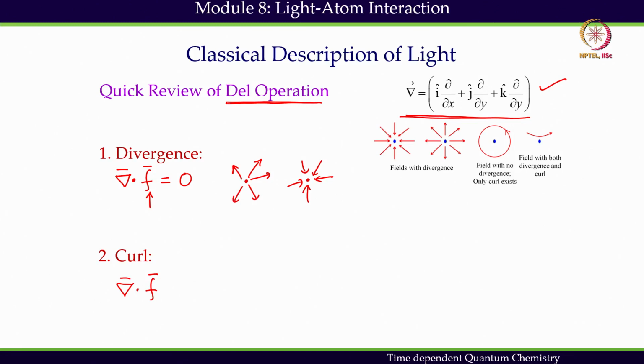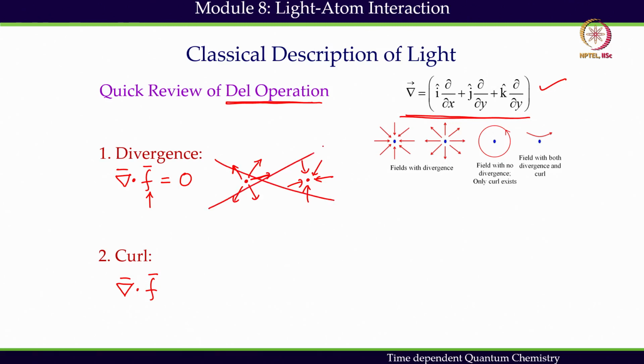So, if the dot product is 0, it means that the field or the force is not diverging from a point or converging to a point. That is the meaning of it. None of this is happening if it is 0.